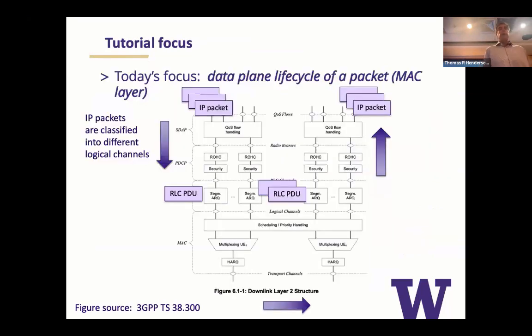What I'm going to focus on today really is not the control plane aspects, but the data plane lifecycle of a packet. The reason I chose this topic is because, as a developer who's been working to extend NR, I found it very difficult to really understand, with the amount of detail in the models, exactly what was going on to my packets.